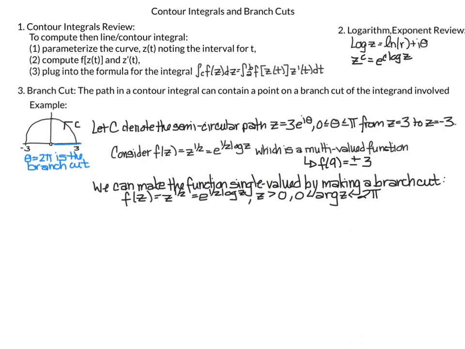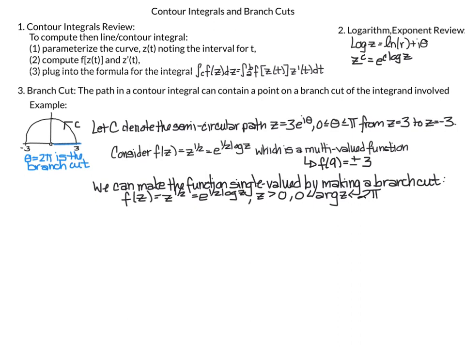But the other thing, when we write z in exponential form, we can insist that the arg of z, or the angle of z, stays between 0 and 2 pi, not including 0, not including 2 pi, because if you include them, then 0 and 2 pi is a possibility for a multi-valued function. So essentially we get rid of this line here. That is our branch cut line at 0, which is equal to 2 pi.